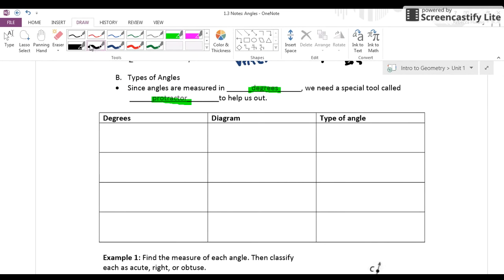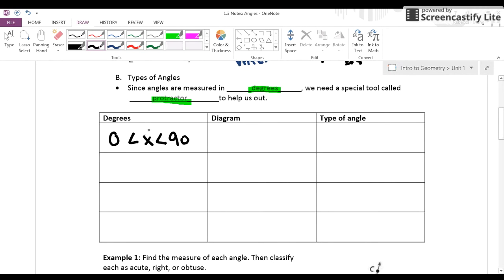But we have some special angles we can classify based on certain degrees. So the first we're going to talk about is what kind of angle we have when the degree is between 0 and 90. All right? So we're not at 0, but we can be anything like 0.0001 all the way up through like 89.99999.